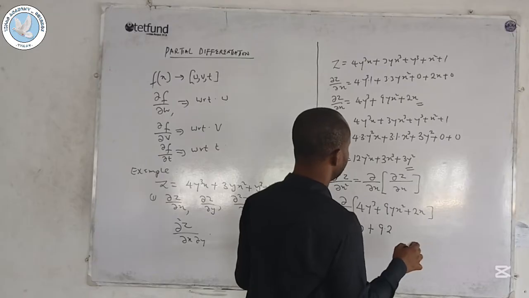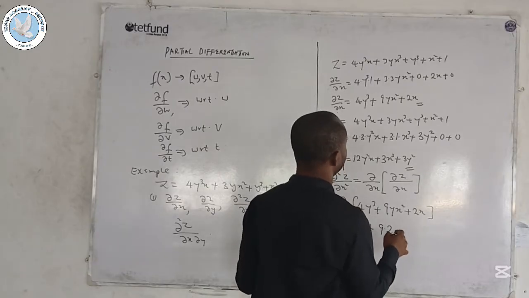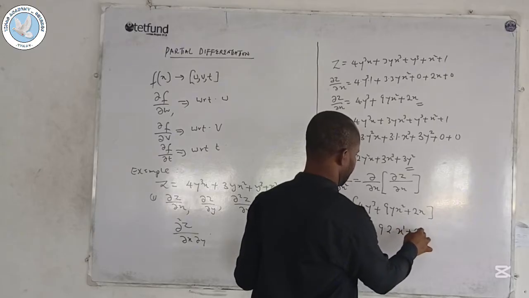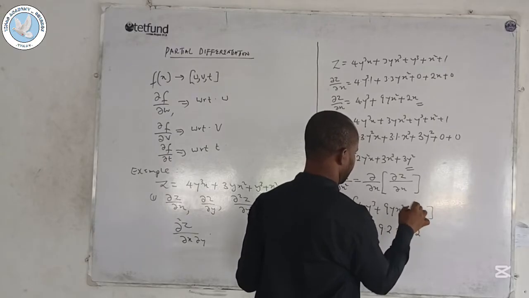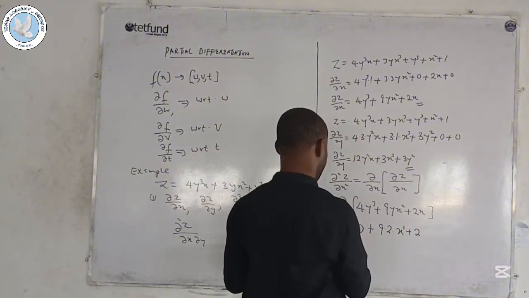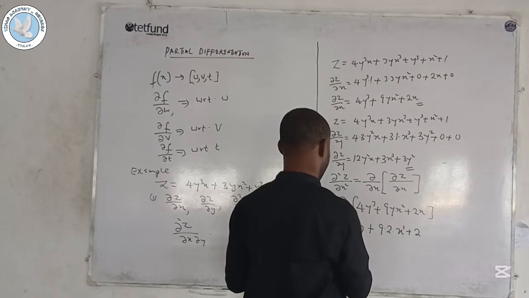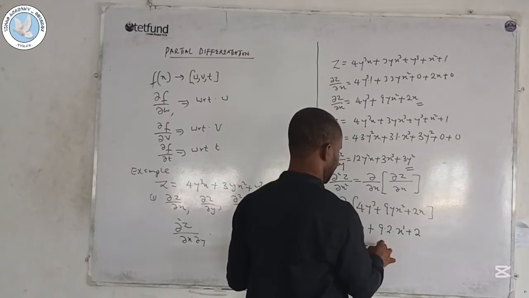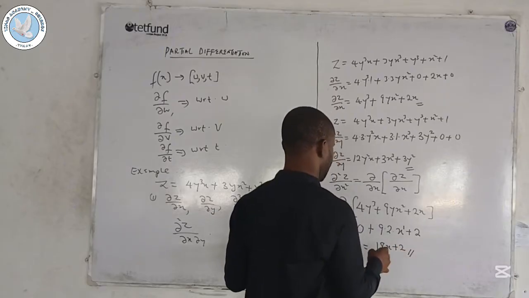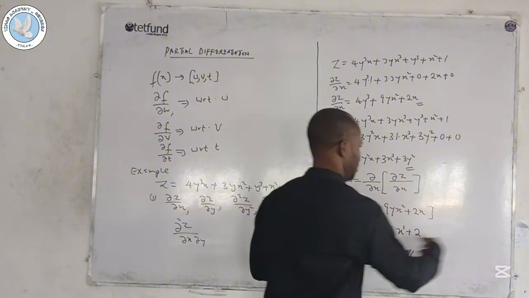So at that point, this is reduced to power of 1, and we further differentiate this, and we have 2. So rearranging the second derivative with respect to x, we are having that 18x plus 2. So that is how it is.